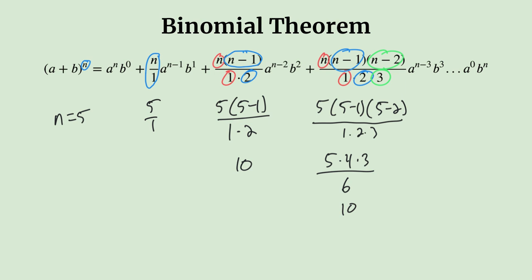And then looking at this, we'll also use this to help us find coefficients of a term. So the first term is always just not a part of it. So really you're just counting after that, where this would be second term, third term, fourth term, and so on and so forth.